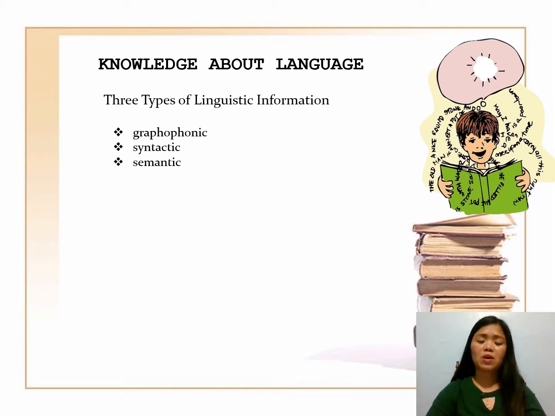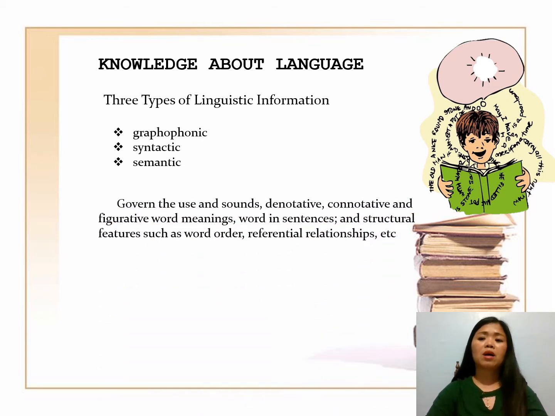These categories of schemata govern the use and sequence of sounds, denotative, connotative, and figurative word meanings in sentences and structural features such as word order, referential relationship, etc. So the three systems of language depend on the context in which they occur for their rules and relationship to each other.